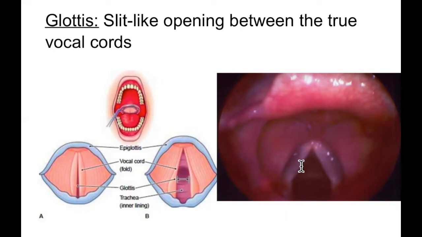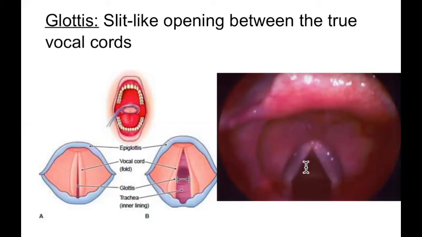Just like plucking the string of a guitar or pulling a bow across the string of a violin. When it opens up, like it is here, then air moves freely and these don't vibrate and you don't make noise. That's just you breathing.